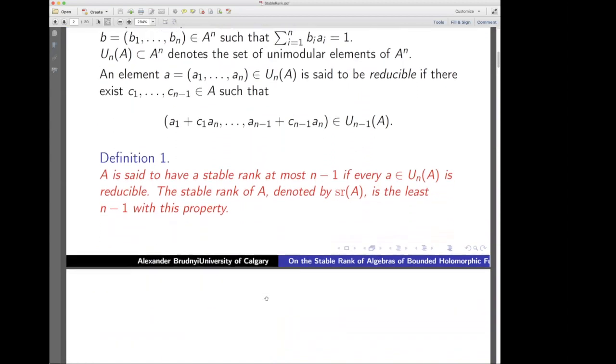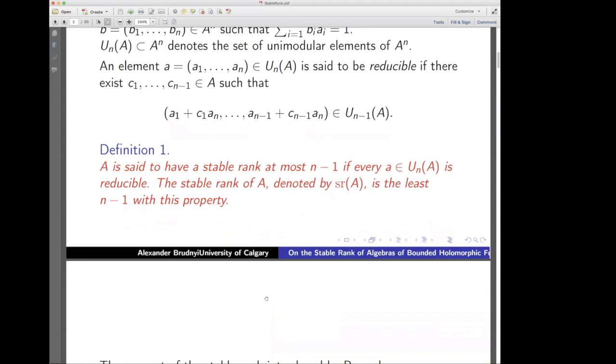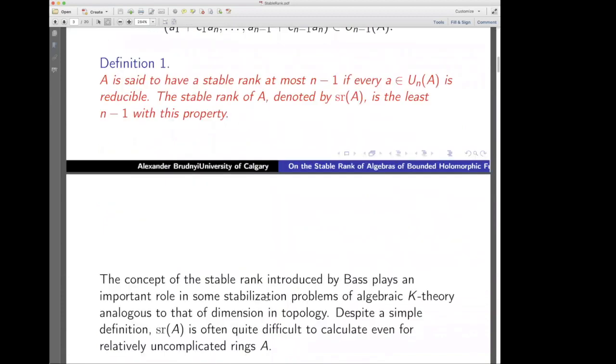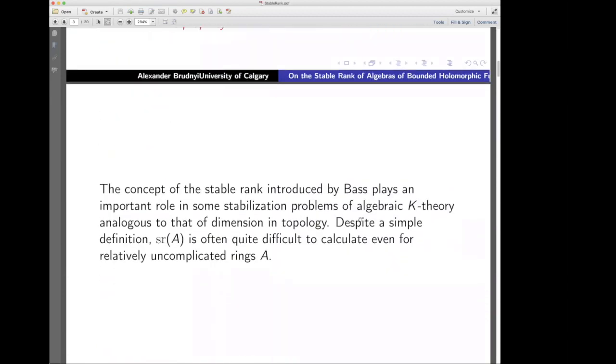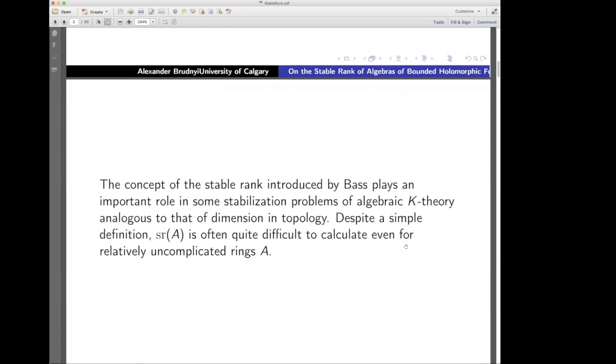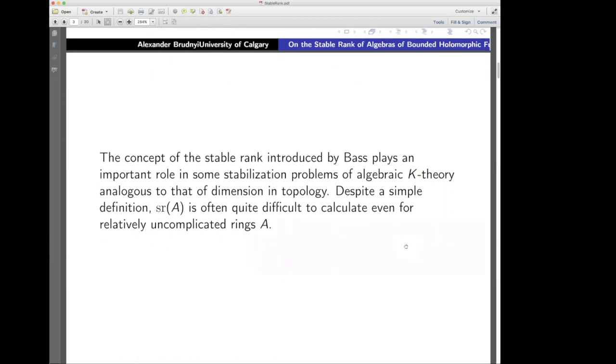So the concept of the stable rank plays an important role in some stabilization problems of algebraic theory, and it is a notion analogous to the notion of dimension in topology. However, despite a simple definition, the stable rank of A is often quite difficult to calculate even for relatively uncomplicated rings A. So I'll give you some examples here.